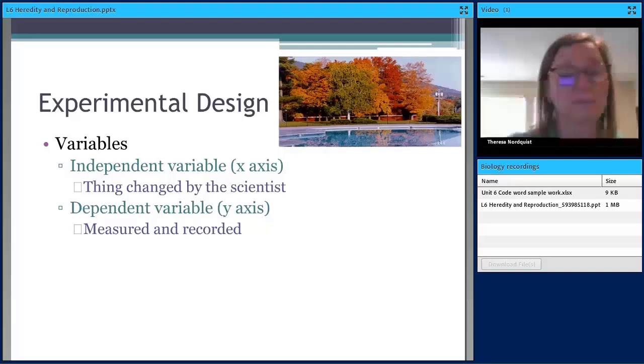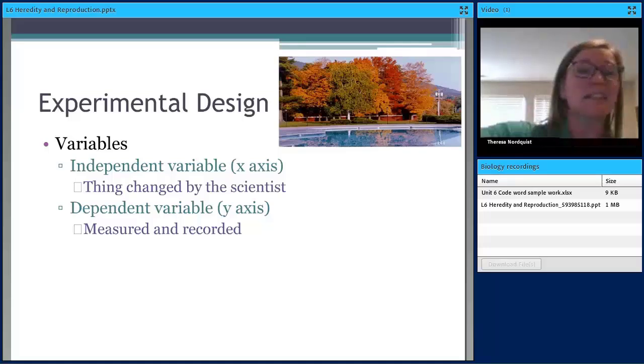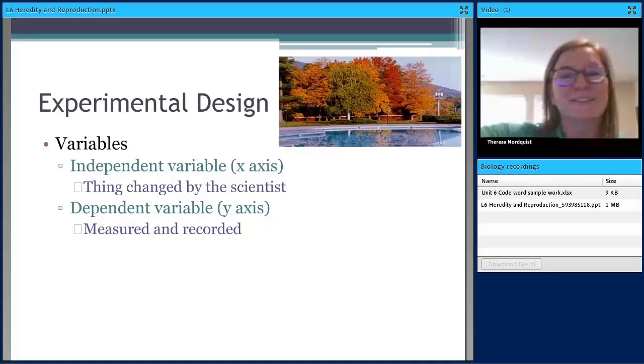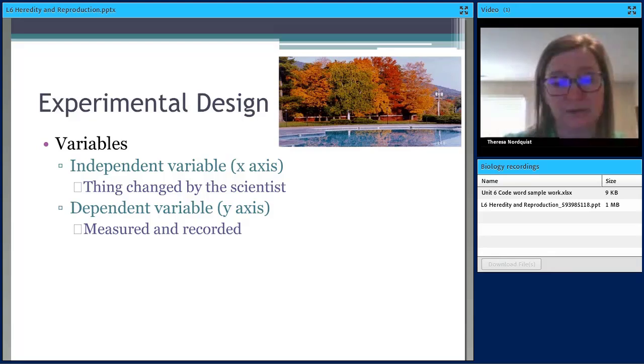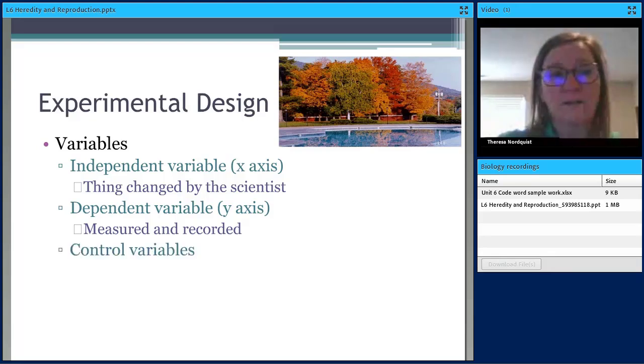The independent variable is the thing that was changed in the experiment that is different between the different setups. And the dependent variable is the thing that we're measuring and recording. We're thinking that the thing that we're changing is causing an effect on the dependent variable. All other variables need to be controlled for. Everything else that we can control for are the control variables.